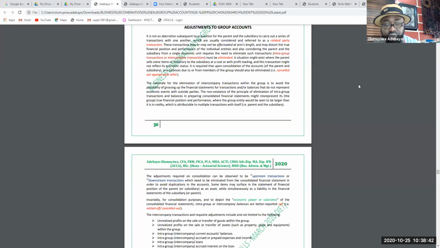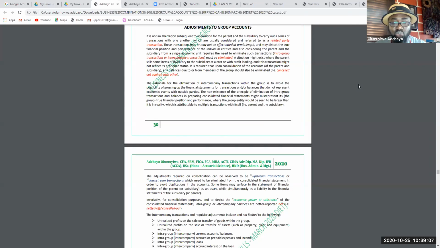It could be sale of goods, it could be sale of asset like PPE. Now, if it's sale of goods, it does not give rise to depreciation adjustment. But if it's sale of assets, it usually gives rise to an adjustment for depreciation. Why? Because at the time you make sale, you are deemed to have made a profit.